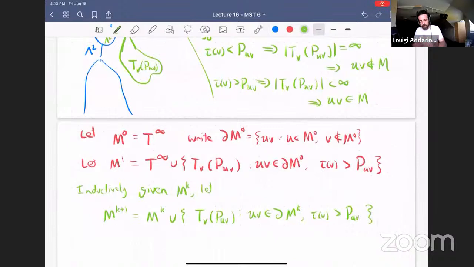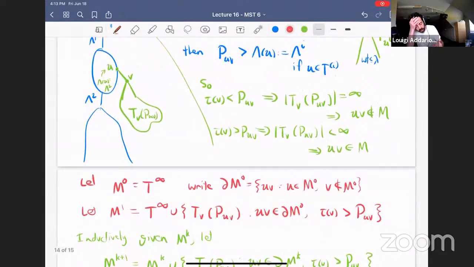Okay, so for exactly the same reason, if we look at an edge that attaches to this tree, what matters is that this edge will have weight bigger than this first P_UV, because it wasn't part of this tree. And anything in here has a path to infinity where the largest edge weight is this edge weight here. And so the question for the tree down here is, does it percolate at this threshold value P_UV?